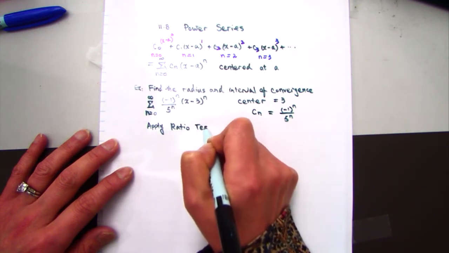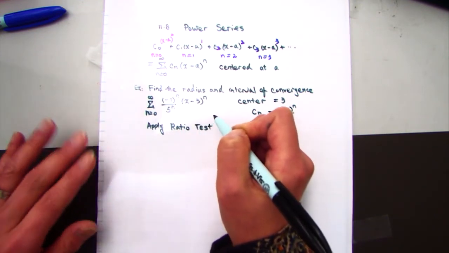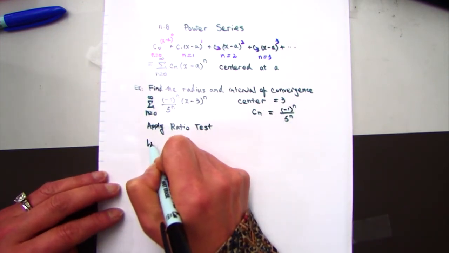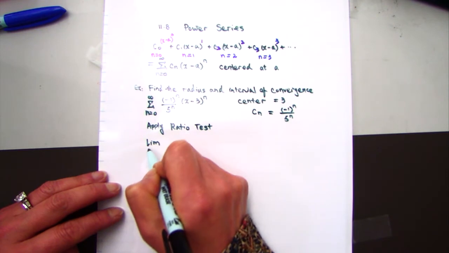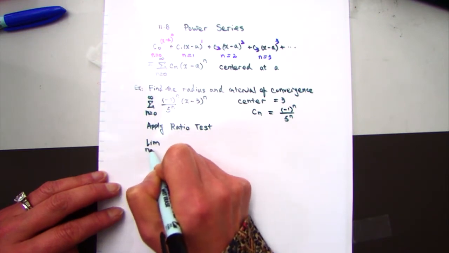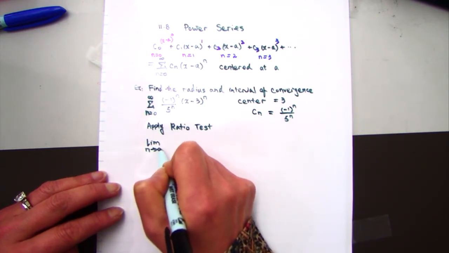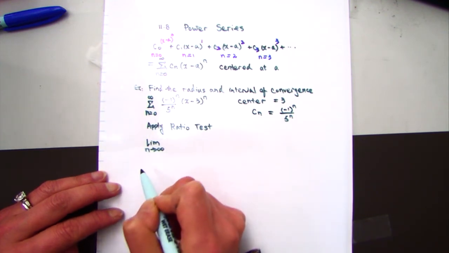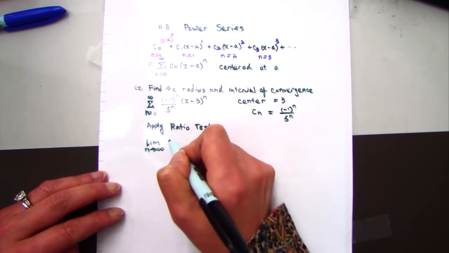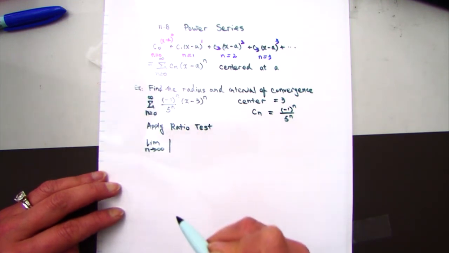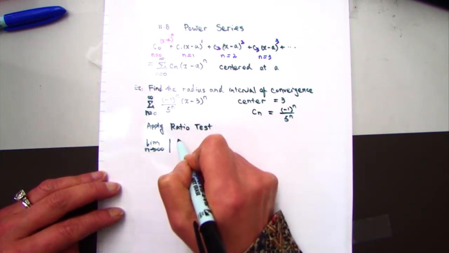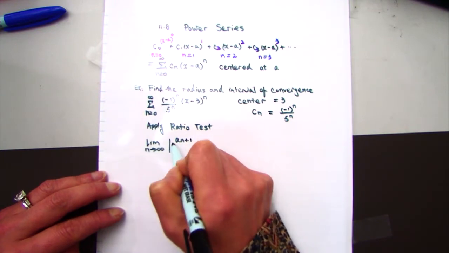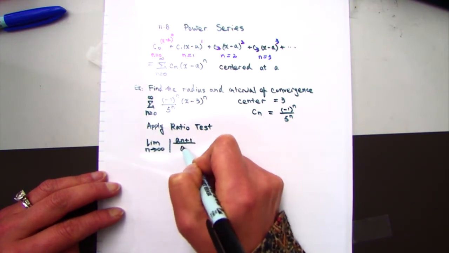There's going to be a learning curve right here, but I will hold your hands and I will help you through. Okay, definition. We are looking at the very tail end of the series. That's what the limit means. Absolute value bar, and it's the ratio of a term against the term before it.